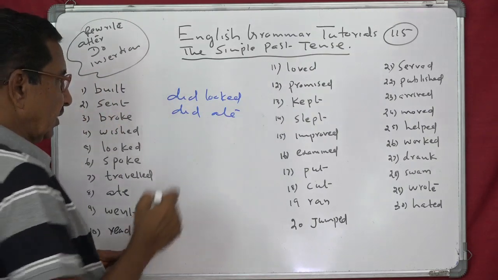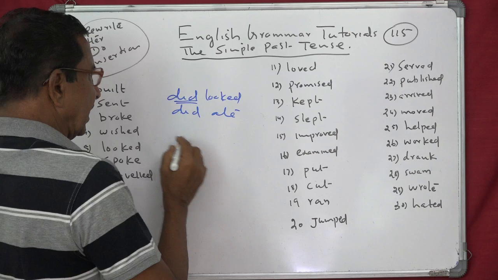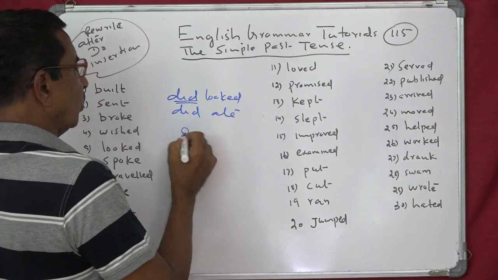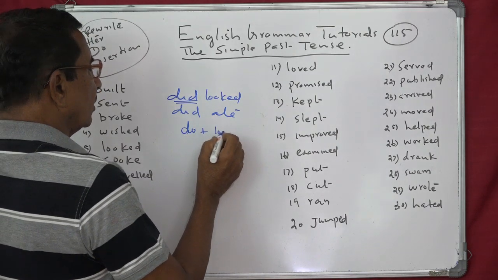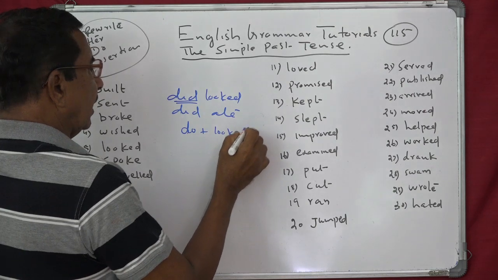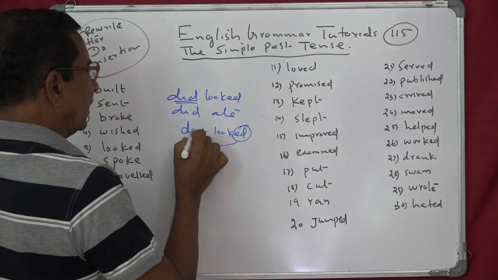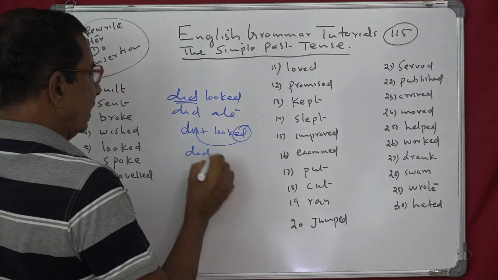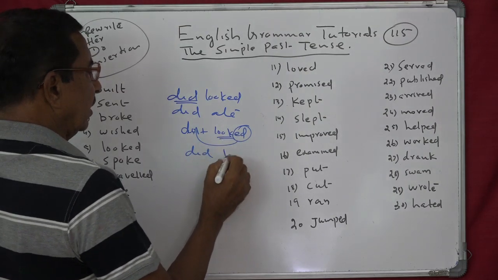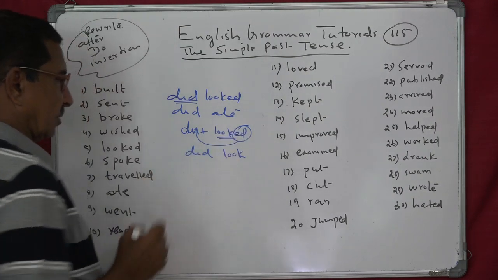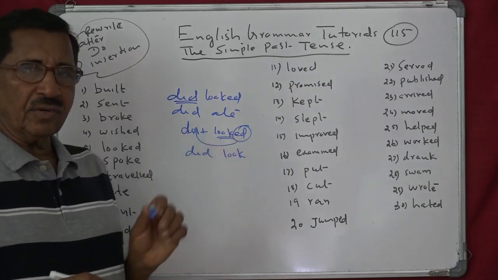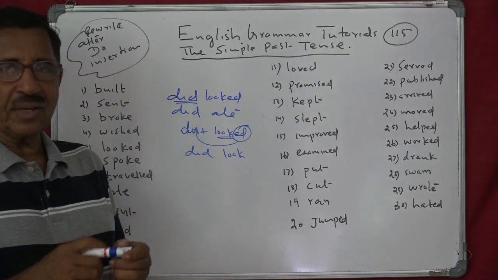We have already shown you that you insert do, take the -ed and add it here, then this will become did. And here you only have look, not looked. If you keep that point in your mind, you will never make mistakes.